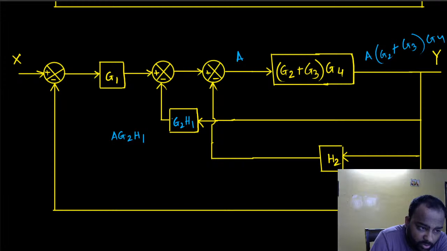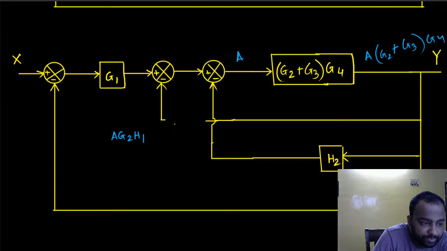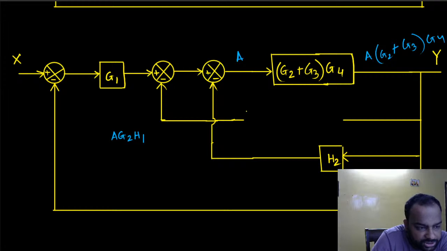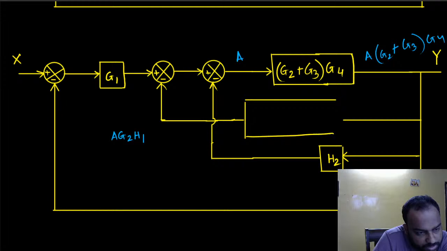What should the transfer function be here instead? It's a very simple one. I can have a transfer function that is the ratio of the output to the input.